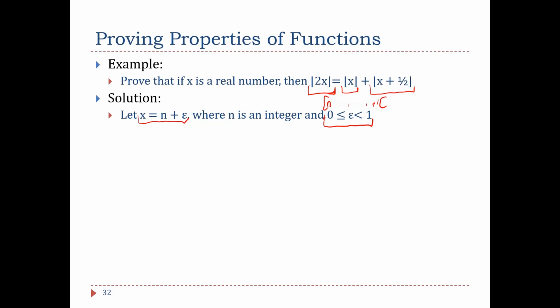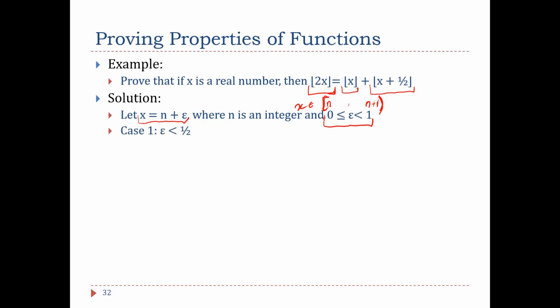We can use this notation here, with parentheses and brackets, to represent it. So this is what we mean by n plus epsilon, where epsilon is between 0 and 1.